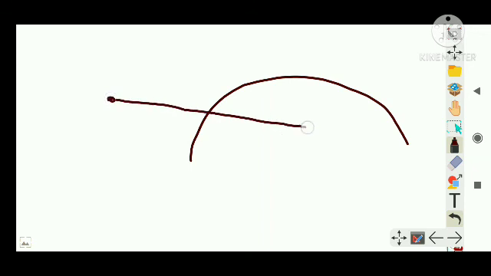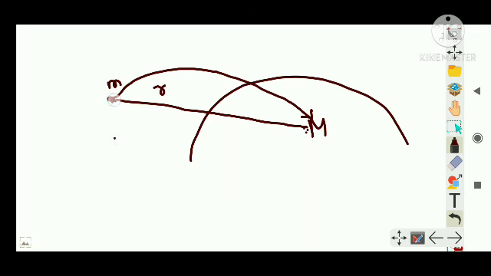I am repeating because this is very important to understand. This is the surface of Earth. You have a point here, let's say at distance r from the center of this capital M, the Earth. If I am bringing a small mass m from infinity to this position, then I am doing work, and that work is due to the change in potential energy. Here I am bringing the mass from infinity to this point, so there is no intermediate point.